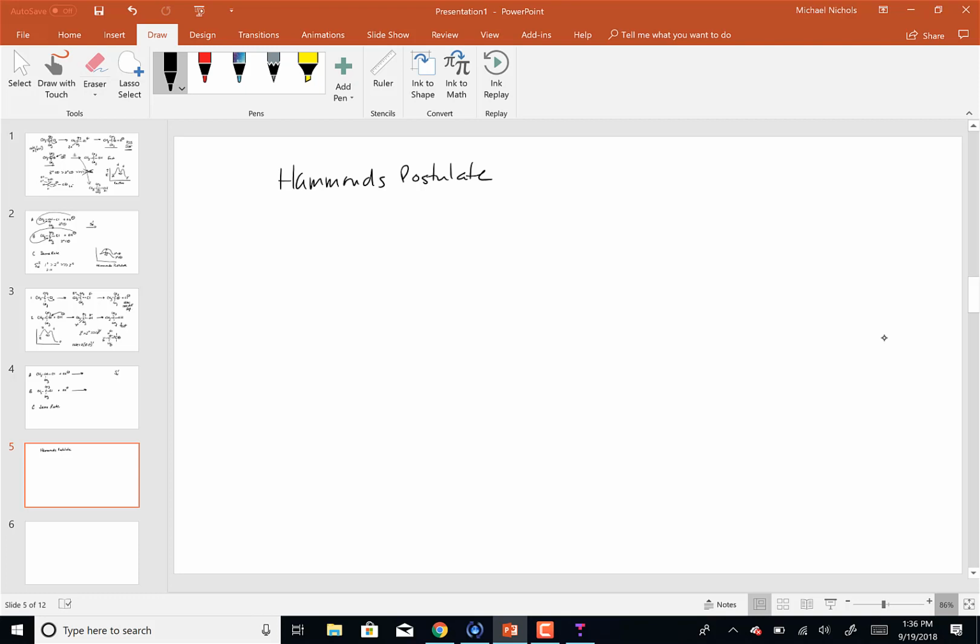That's actually what Hammond said. And if you think about that, if we're going from a reactant to a transition state, the fewer changes in structure that we have to make, the quicker and less energy it'll take, which is the activation energy.